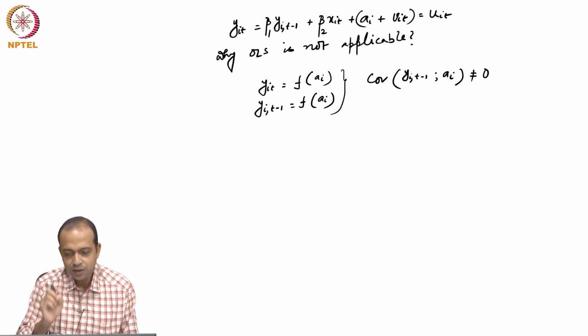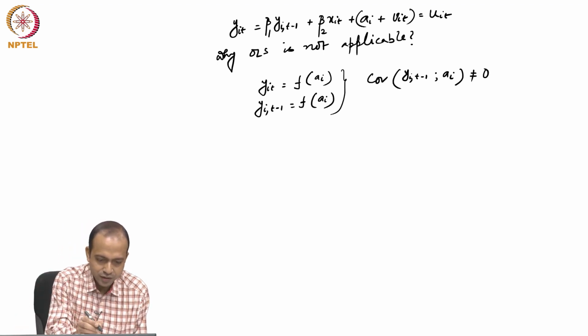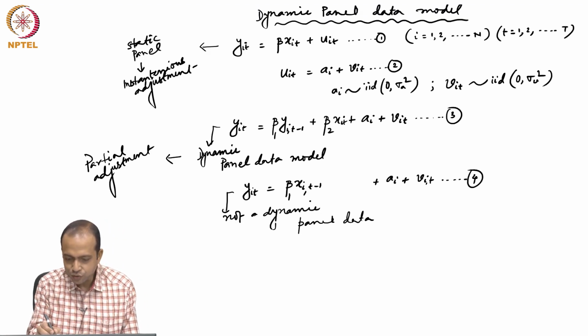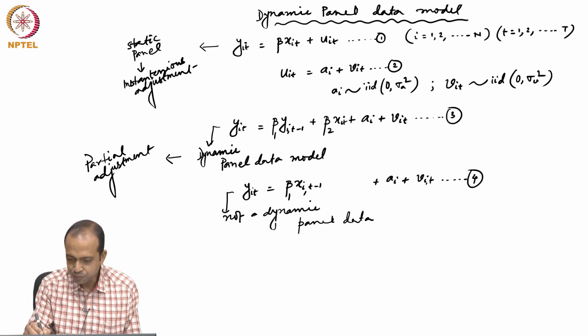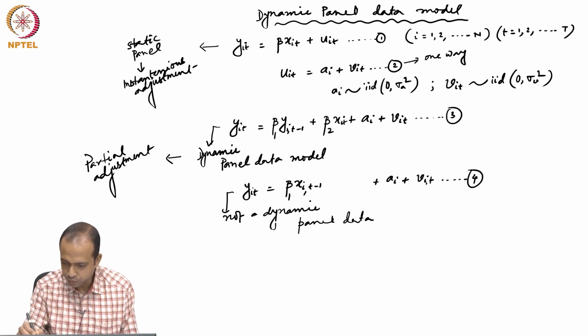If I combine, uit is a one way error component model, that is why we assume uit equals ai plus vit. The moment I introduce uit in this way, it indicates uit is a one way error component model.